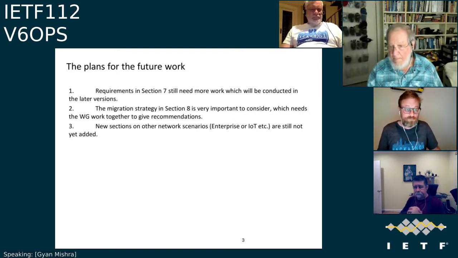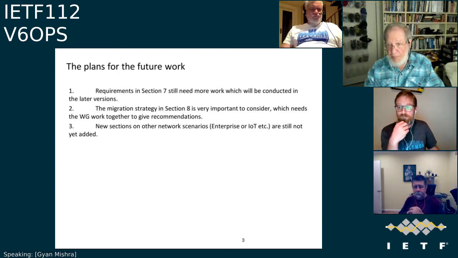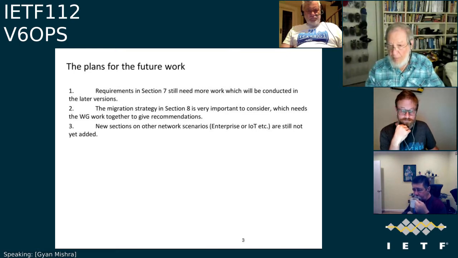The migration strategy in section 8 is an important consideration, and needs the work group. We would like to work together and get recommendations on migration strategies for how to make HBH options viable and find a path forward. That's really a work group effort.